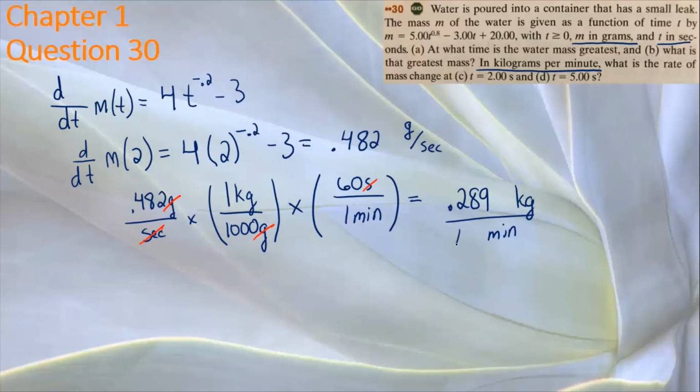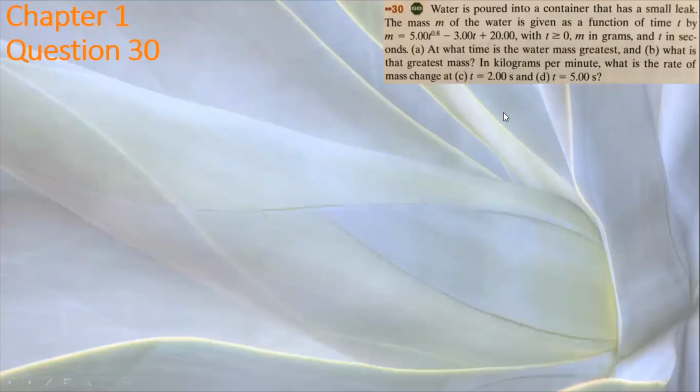Additionally, they ask us to find the mass change at t equals 5 seconds. So again, we take our derivative, and we solve it for t equals 5.